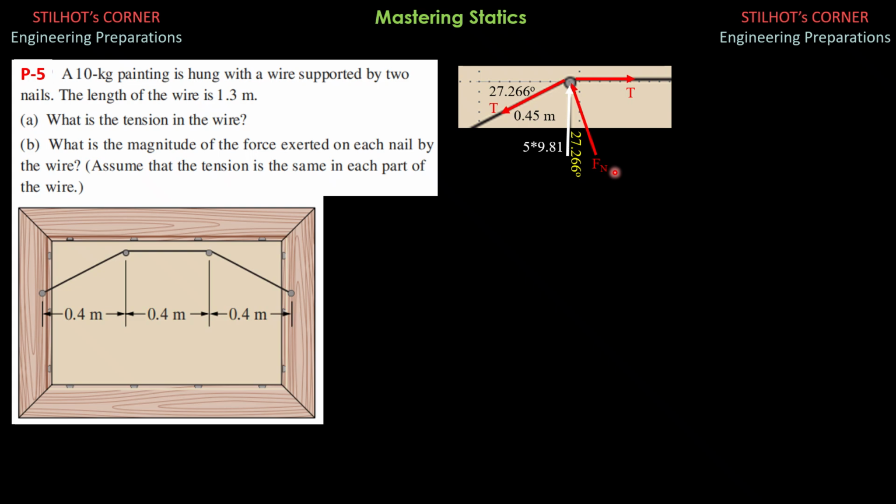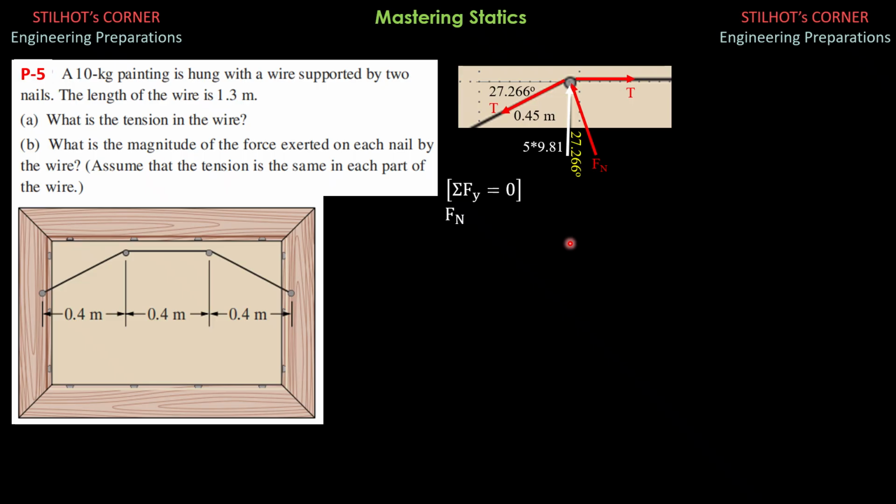So first, summation forces y equals 0. So we have Fn cosine 27.266 degrees, then minus T sine 27.266 degrees, then minus 5 times 9.81 equals 0.